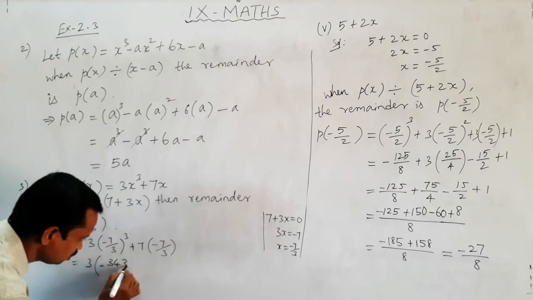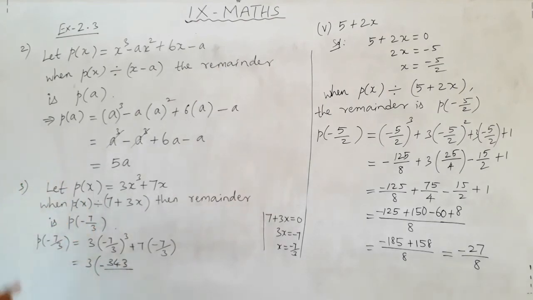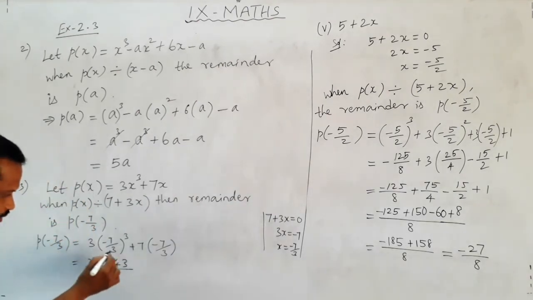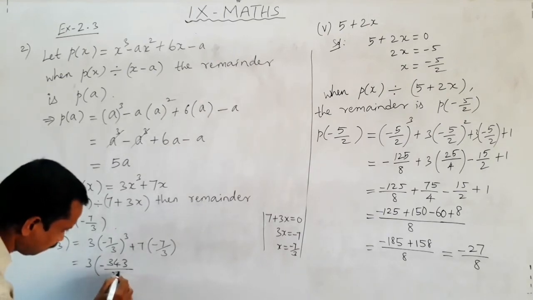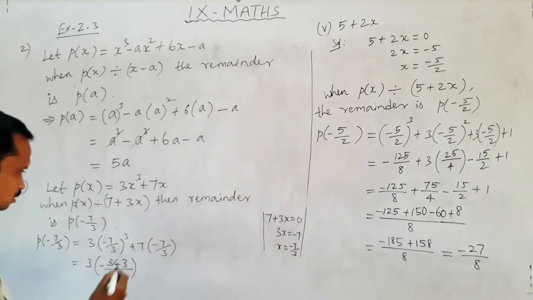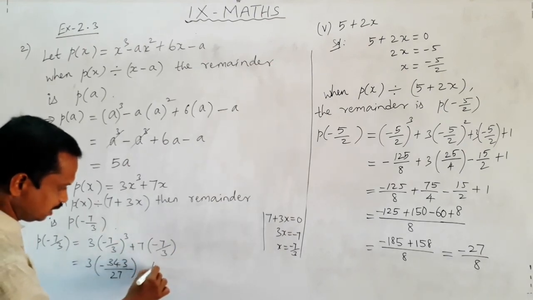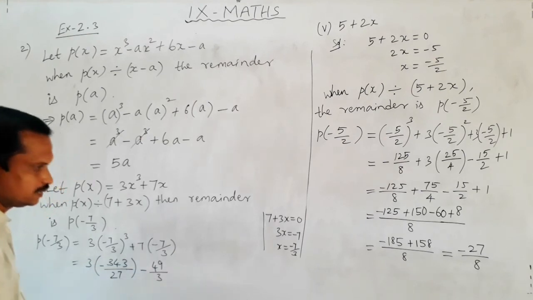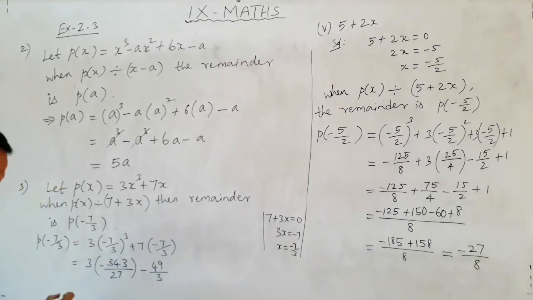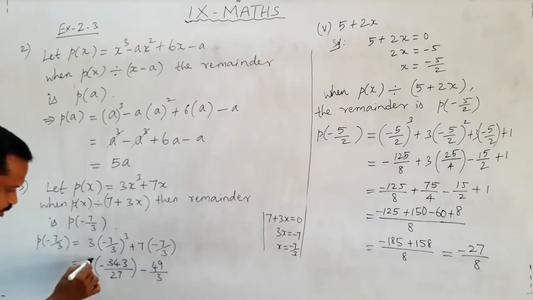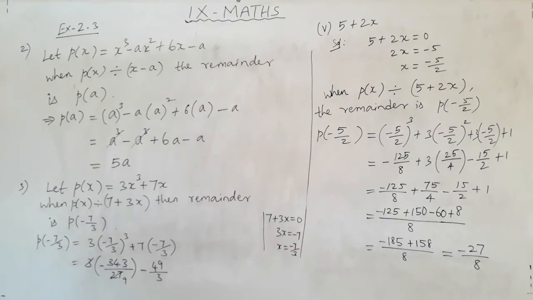So many times we come across this 7 cube, 343, and in the denominator 3 cube, you get 27. And then this is plus into minus, so put minus, 7 into 7, 49 by 3. The 3 in the numerator and the 27 in the denominator, you can cancel by the 3 table and you will get 9.